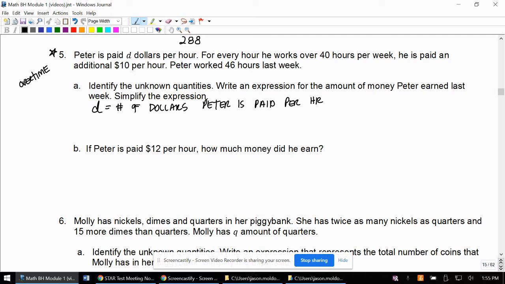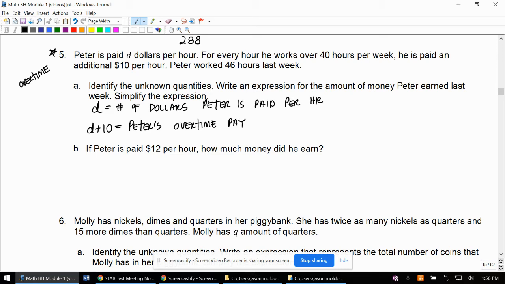All right, so you hopefully thought for a minute or two about this. And so we notice that there's actually two pay scales here. There's D, and then there's also D plus 10, which is Peter's overtime pay.